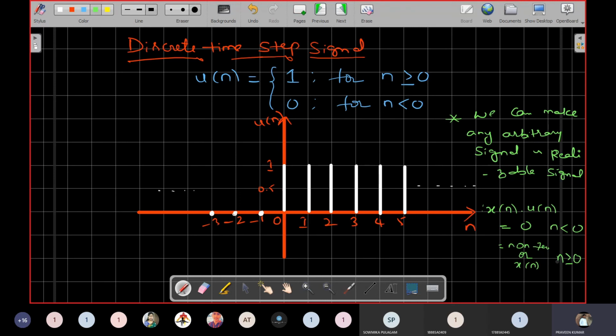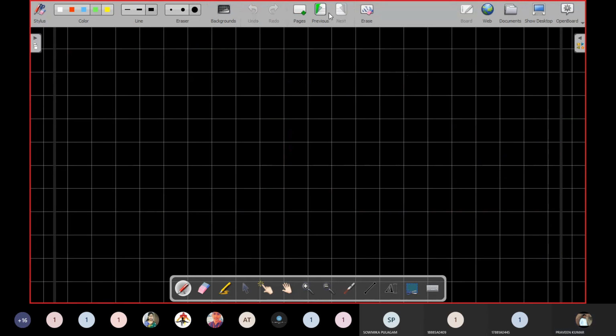Now we have the third category, the unit ramp signal, which is denoted by r of n.